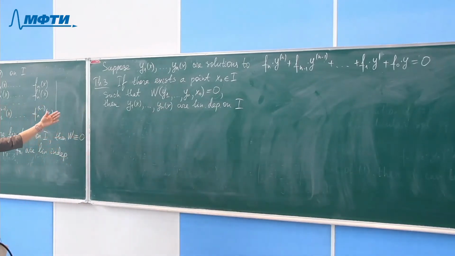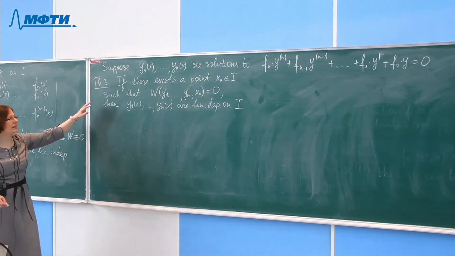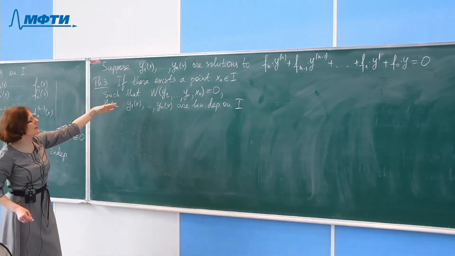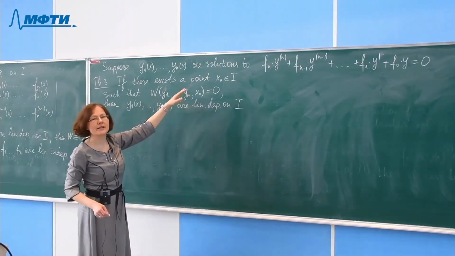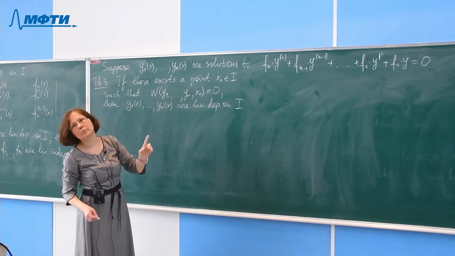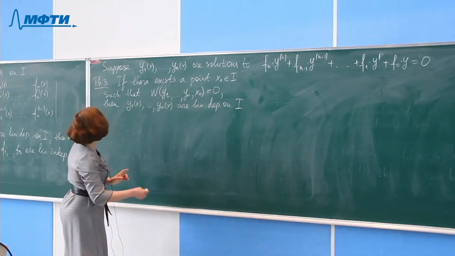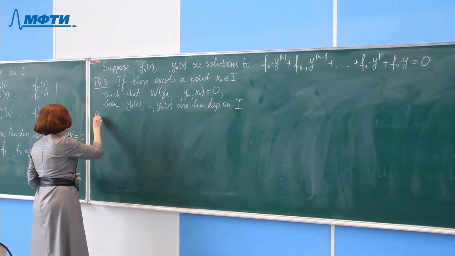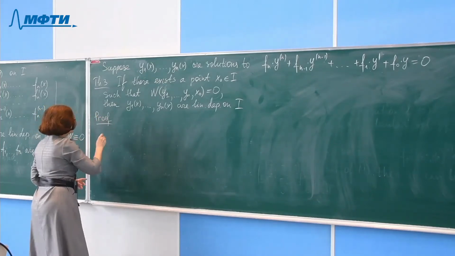You may compare this theorem with the general case of functions. Even if the Wronskian vanishes identically on an interval, it may not imply linear dependence of functions. But here it implies linear dependence even if the Wronskian vanishes at just one point. Right? So we will prove this theorem.